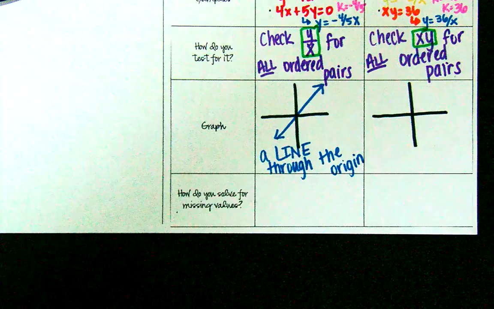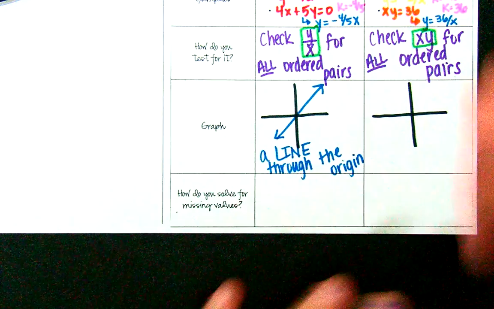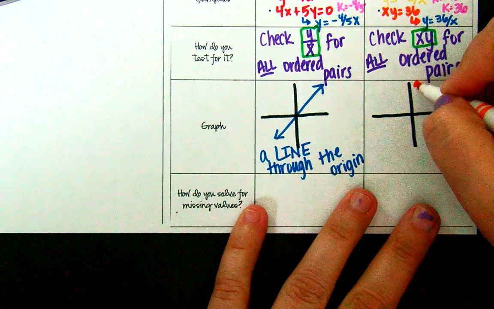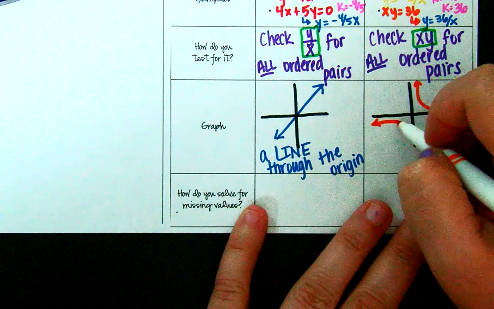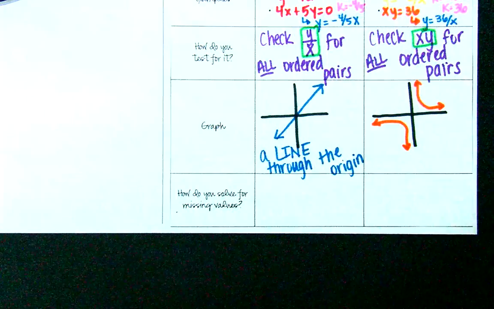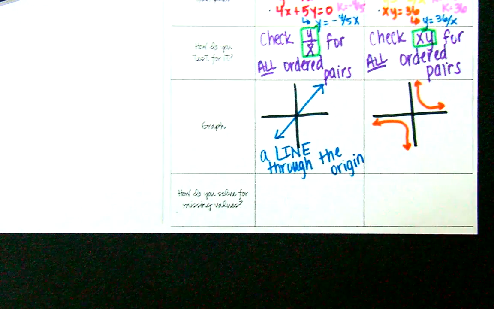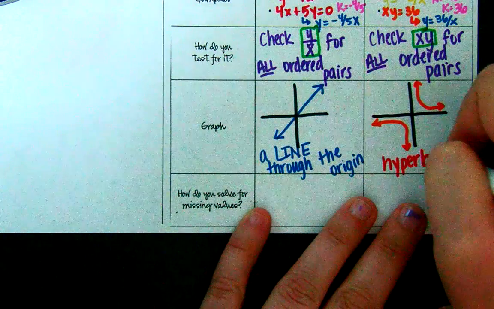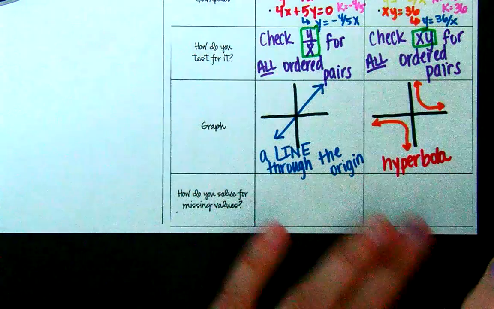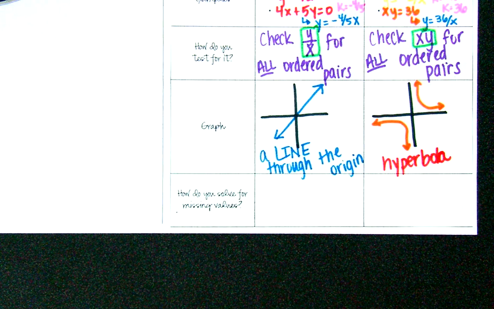And for inverse variation, it's not going to touch the x or the y-axis. It does not touch the x or the y-axis. This is called a hyperbola.